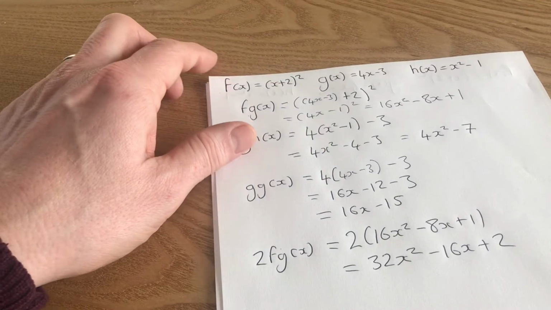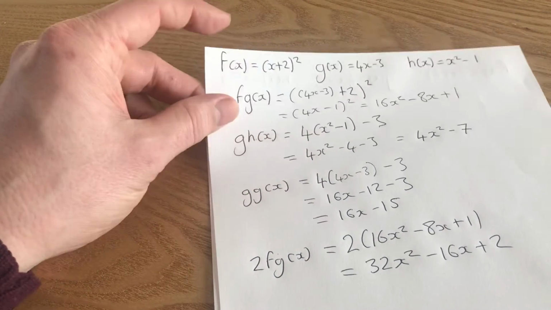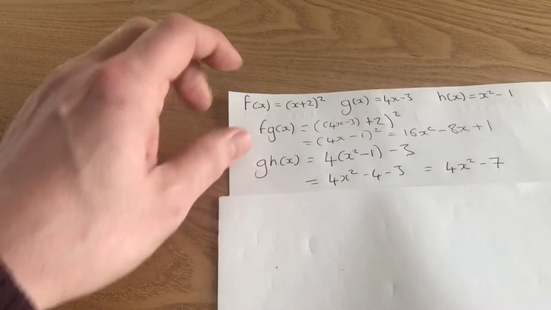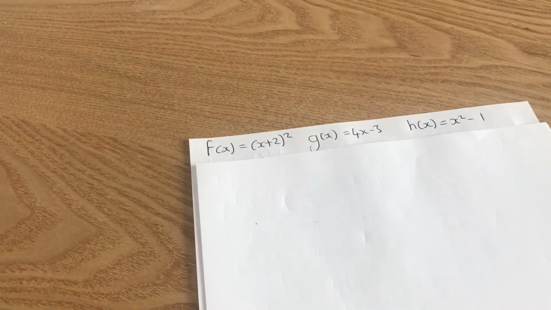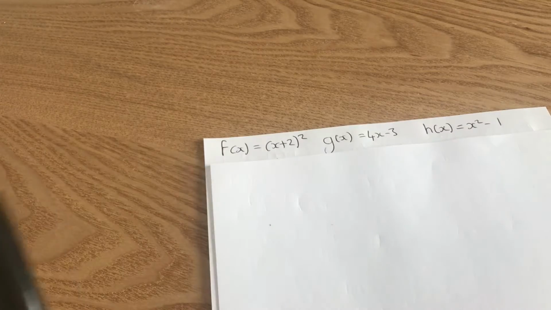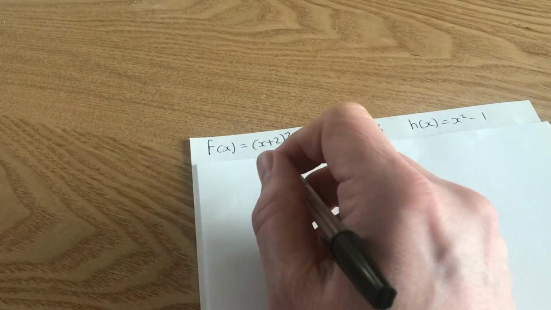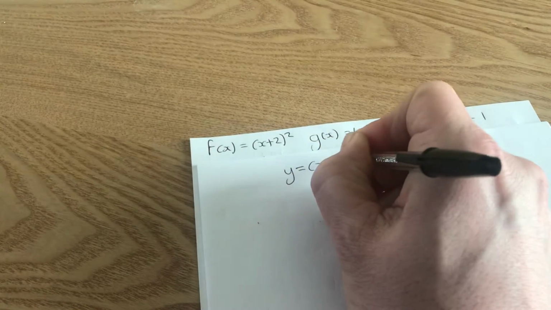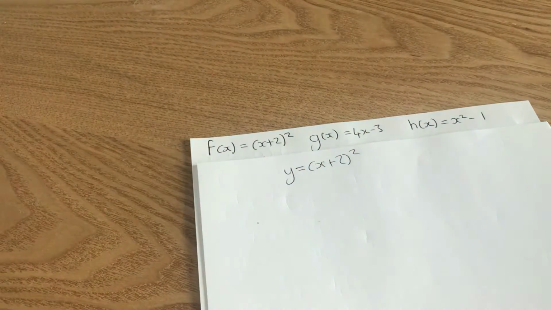Well, what might be useful is to know about inverting functions. So I'm going to invert a few of these. If we look here, now I want to find the inverse of f. Well, the way I find it probably best to teach this is if I say, okay, y equals x plus 2 squared.